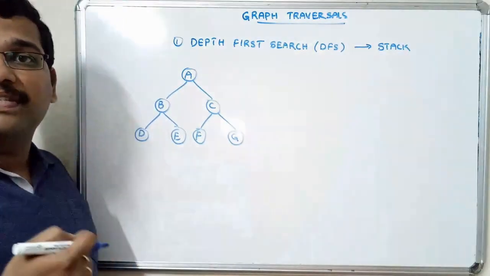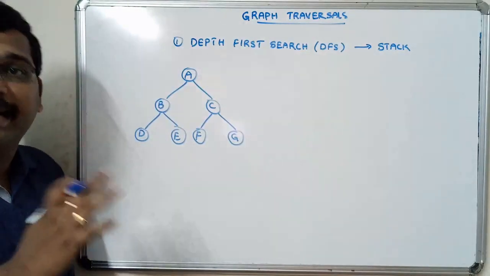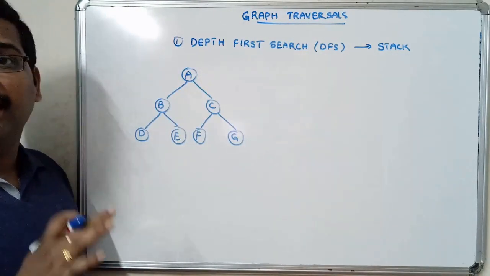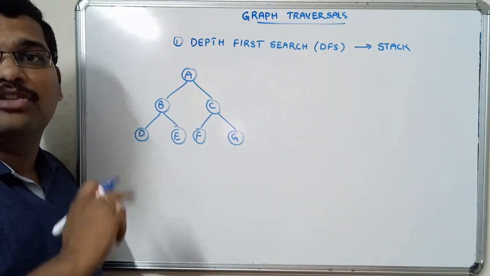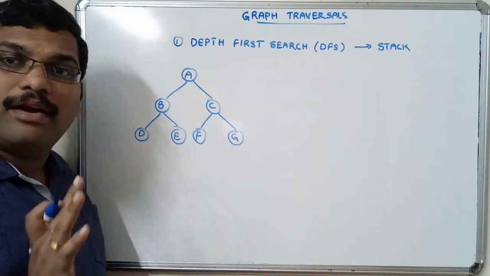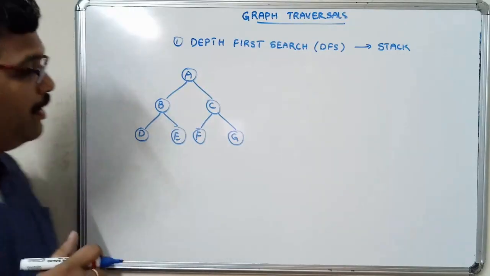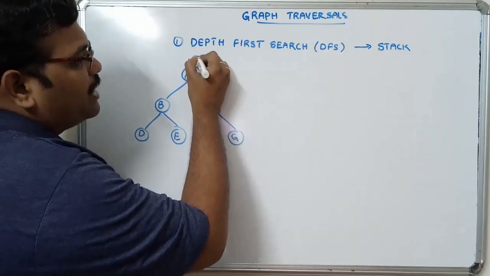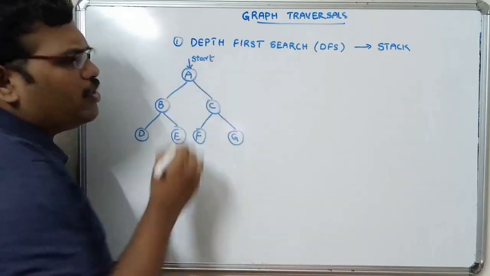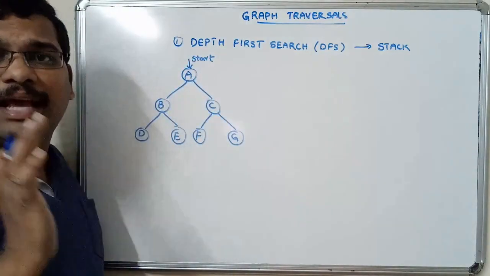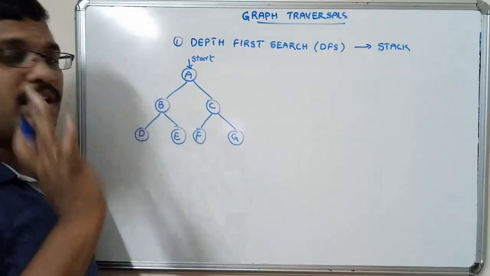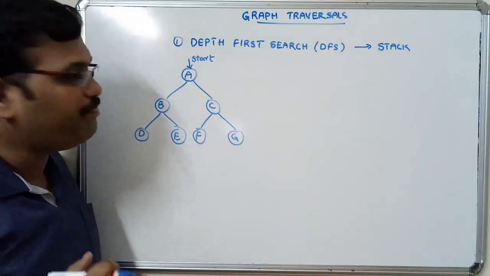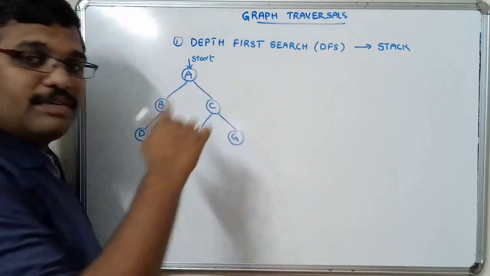A graph is similar to a tree, but a graph can contain cycles, that means loops. Now first let us assume this one is the start. Any node can be a start, but I will assume A as the start for simple understanding. So I will visit one by one.